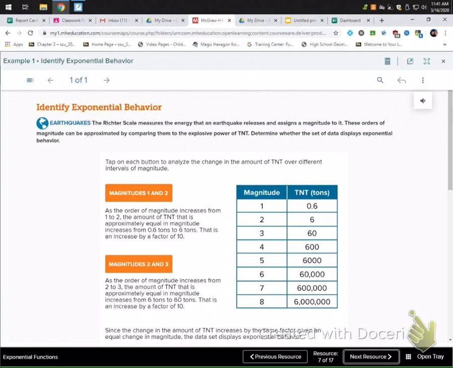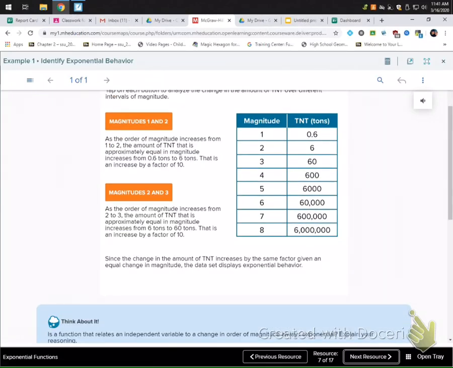Each time you can see you're multiplying by 10. So as the magnitude goes up by 1, the amount of tons of TNT goes up by a factor of 10. We're multiplying by 10. So since the amount of TNT increases by the same factor, given an equal change in magnitude, the data set displays exponential behavior.